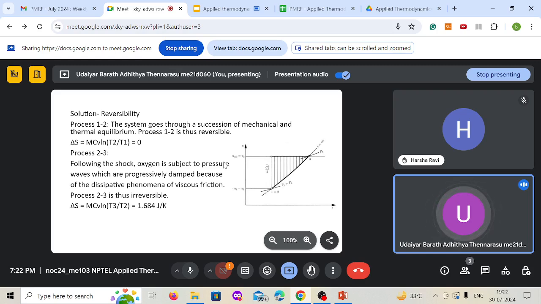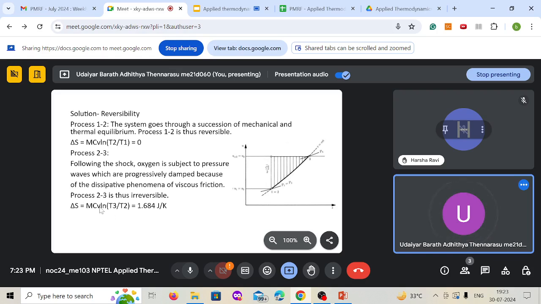Just like that, the oxygen molecules inside feel those pressure waves, created because of the energy coming in, and because of the viscous forces between the molecules, that energy is converted into internal energy and raises the temperature. So this process is irreversible.